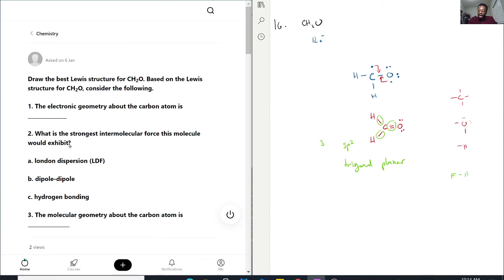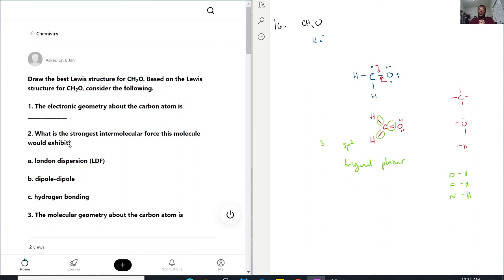Oxygen attached to a hydrogen, fluorine, hydrogen, and the last one, nitrogen, hydrogen. These types of bonds here are what they refer to as hydrogen bonds. Unfortunately, none of those are present in this molecule. So even though hydrogen bonding is stronger than London dispersion, there's none here we can see.